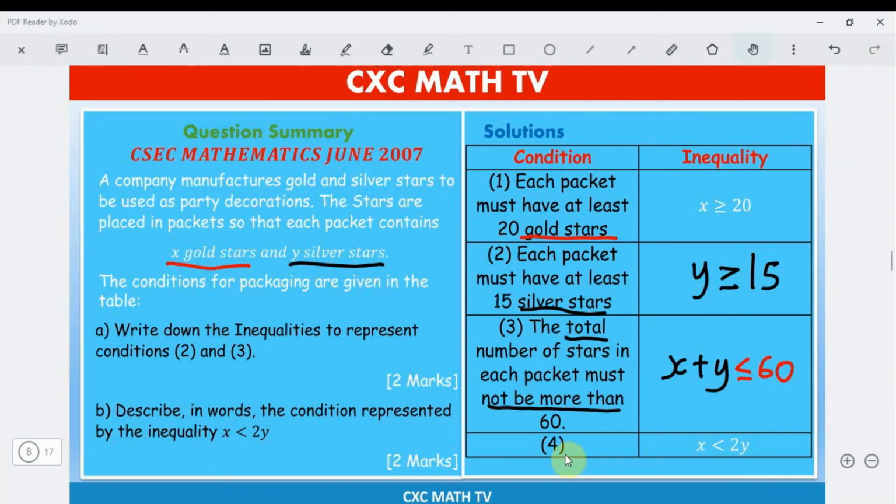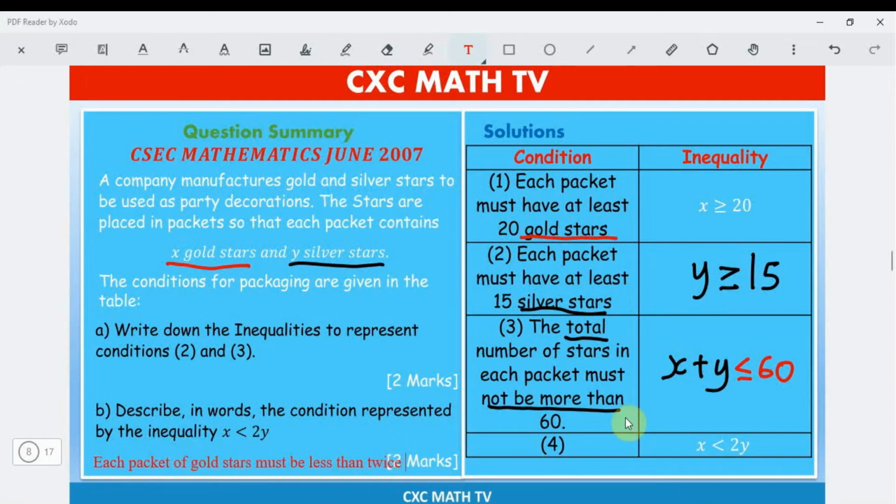And then it says describe this one in words: X is less than 2Y. So remember, X is gold stars. Let's write it down. It's saying each packet of gold stars must be less than twice.